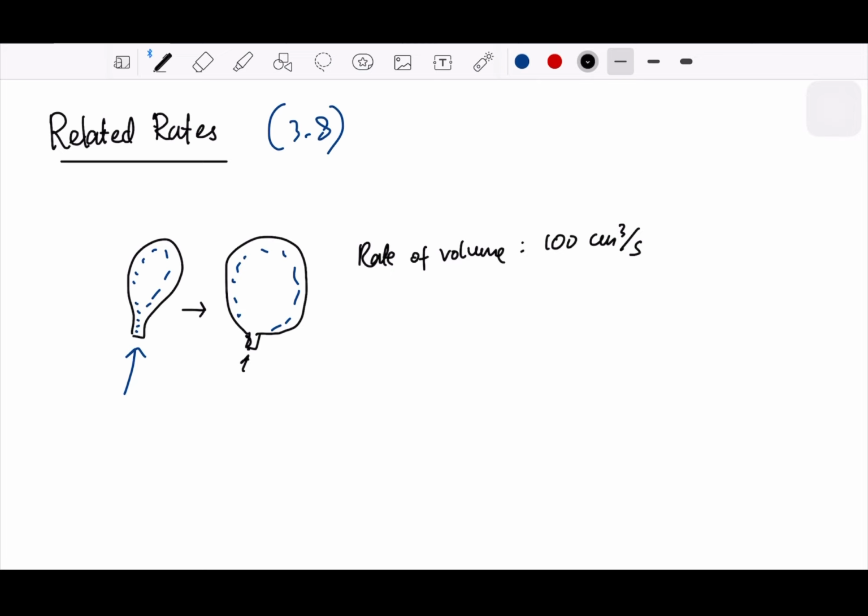And usually the case or the question for related rates is, if we know the volume rate, maybe they ask how fast the radius is increasing.